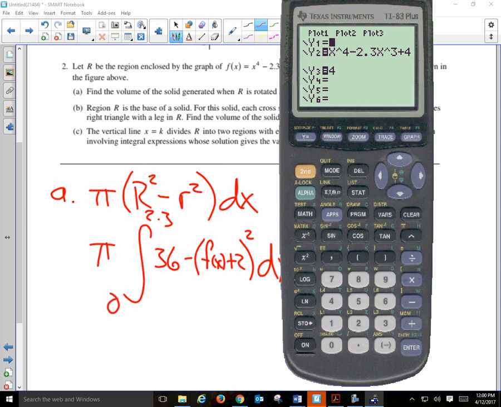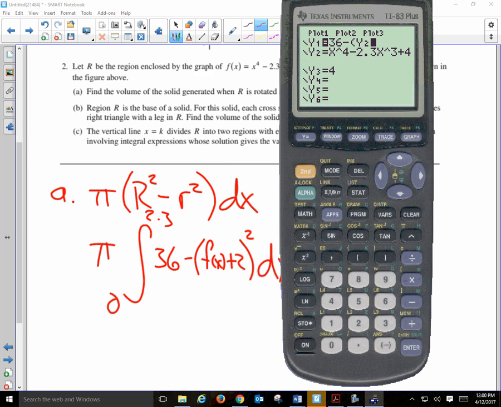So in y equals, I'm going to take off that. I'm going to take off that. And here, I'm actually going to put what I'm going to calculate. So I'm going to put 36 minus parentheses where I type in f of x. Yep, I typed in a y sub 2, so variables, y variables, function, number 2.